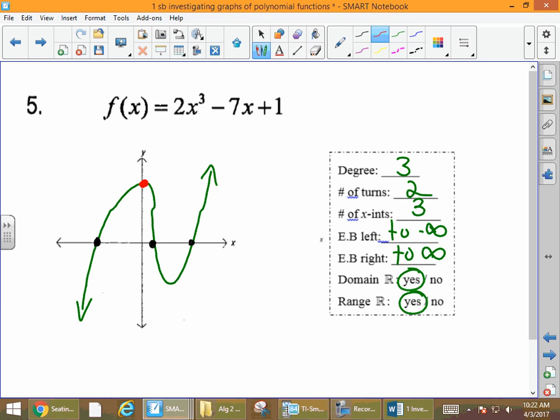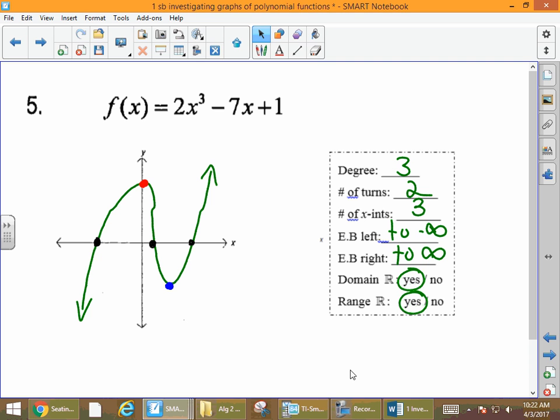So there's going to be points lower. We also have a low point in the graph. But as we look to the far left of our graph, it's going to go downward towards negative infinity. So there's going to be points lower. So our range is going to be all real numbers, because there is not a high point or a low point in the graph.